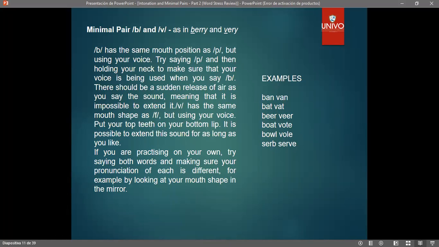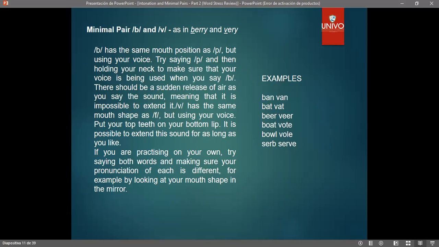Our concept here says that the B has the same mouth position as P, right? Because they are plosive. But using your voice, try saying P and then holding your neck to make sure. This is just a concept you can follow, right?